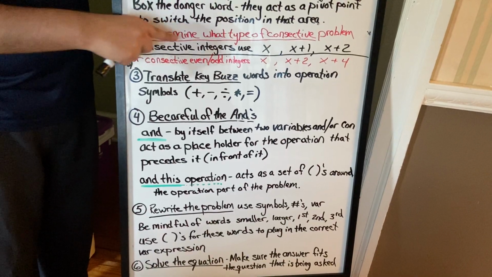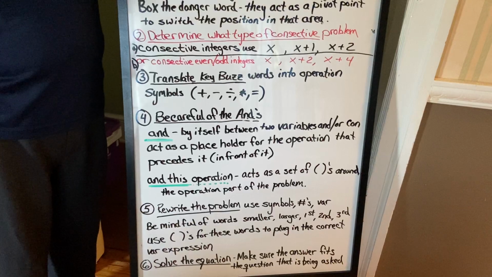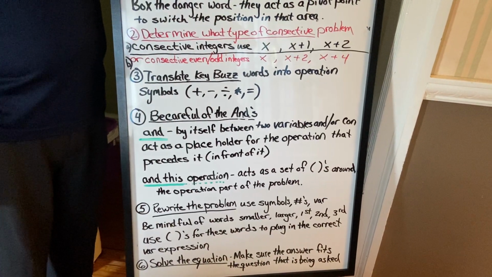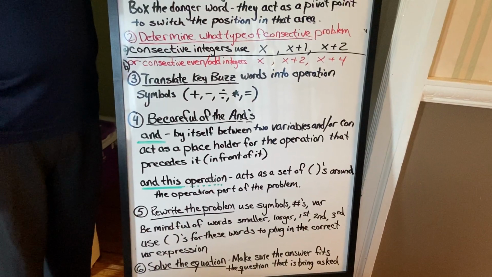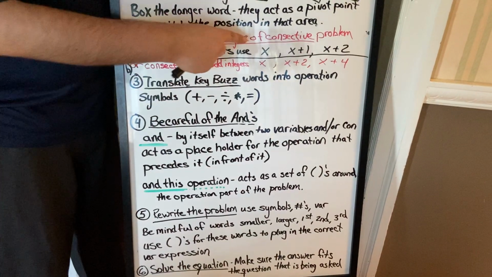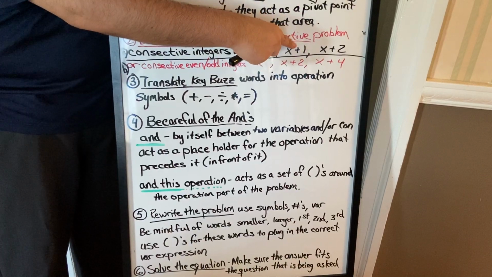A is the ones that just say consecutive integers. Consecutive integers means that you just want the next one over, okay? So if I said, what's the next number after 11? You tell me it's 12. And the next one after 12 is 13. So each time I go over one space, it's just adding an extra 1.